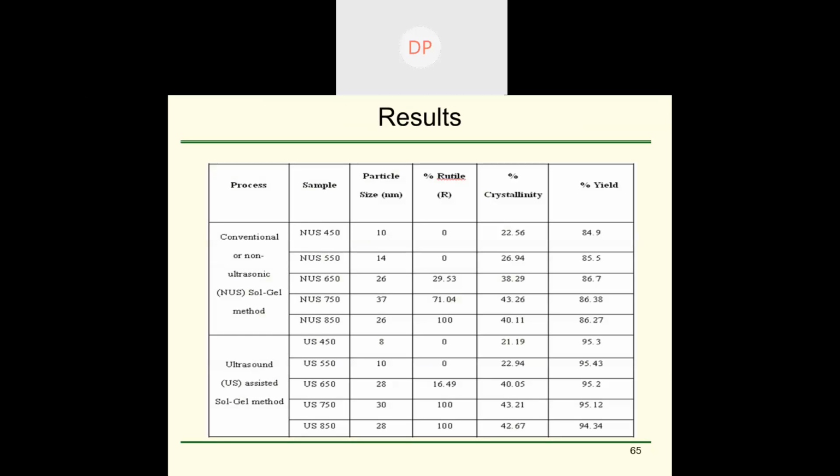So this is our specific observation. In the fourth column, you can look at the percentage of rutile. Non-ultrasound 450, it is 0%. Non-ultrasound 650, 29 percent rutile.